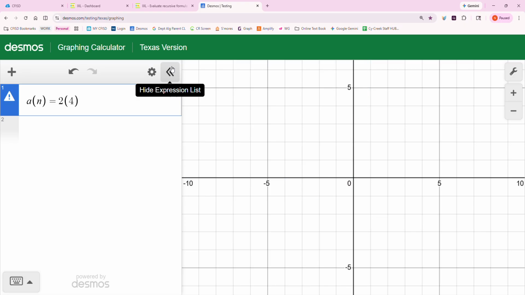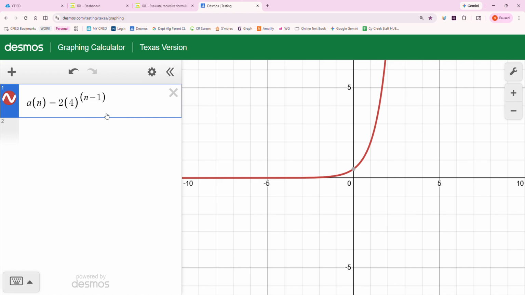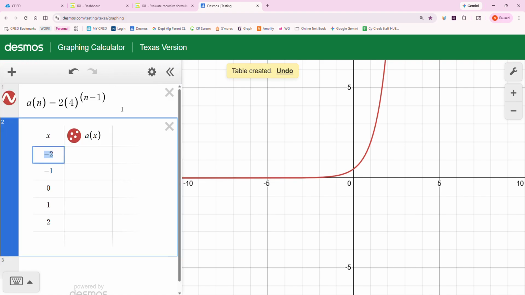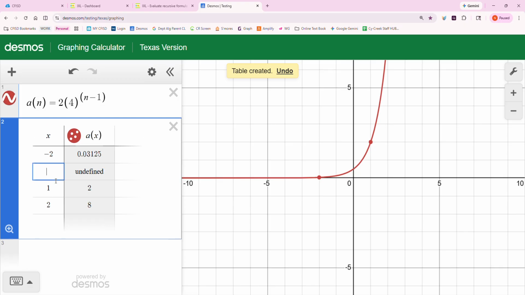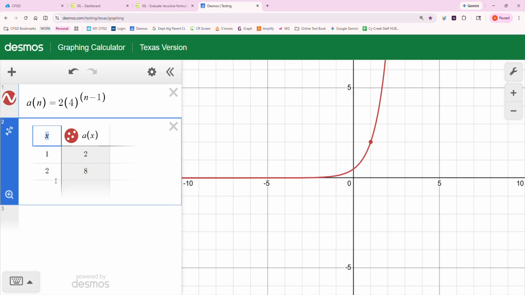Make sure you put parentheses, n minus 1. Now, I'm going to convert this to a table. This is going to give me all of the numbers in our sequence. Now, I'm going to go ahead and take out the zeros and the negatives because our sequence starts with 1. So we know that our sequence is going to be 2, 8, 32, and 128.